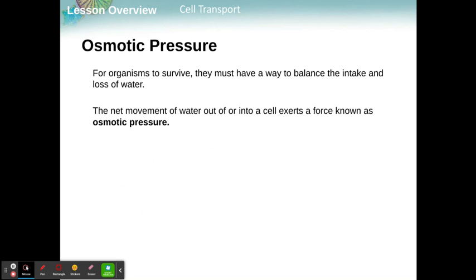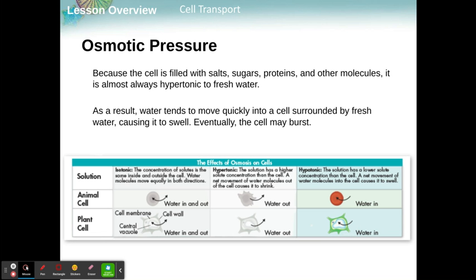Now, osmotic pressure. For many organisms to survive, we have to maintain osmotic pressure. So the net movement of water into and out of cells and the force that it exerts, we call that osmotic pressure. Okay, so with our animal cells, our blood cells for example, when water moves into and out of the cell at an equal rate, this is isotonic.